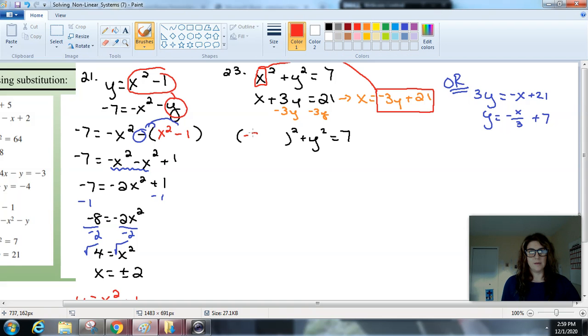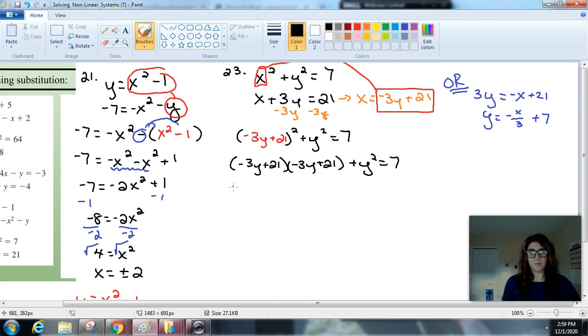Okay, so you have negative 3y plus 21, squared, plus y squared equals 7. Now remember, a square means there's 2 of them. So I'm going to write this twice. And then I got to FOIL it.